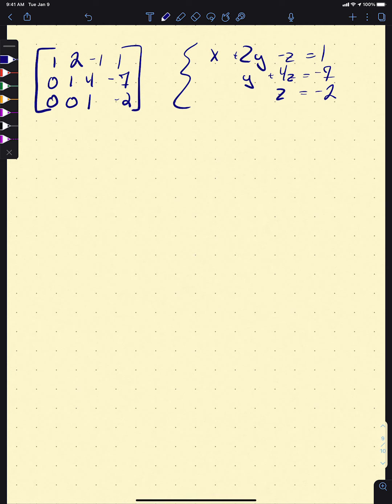This is a triangular system. So what we can do is back substitute, right? We can take z equals negative 2. Well, then y is going to be negative 7 minus 4 times negative 2, which comes out to 1.